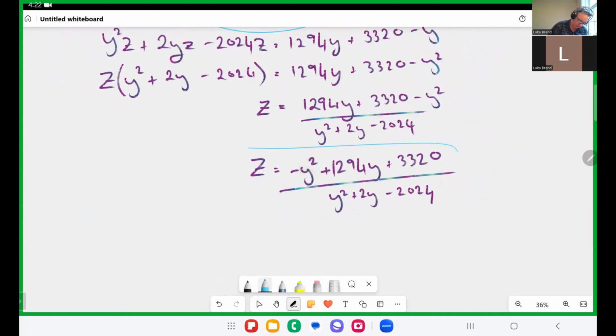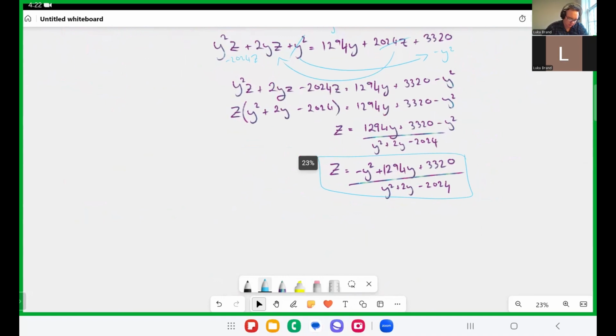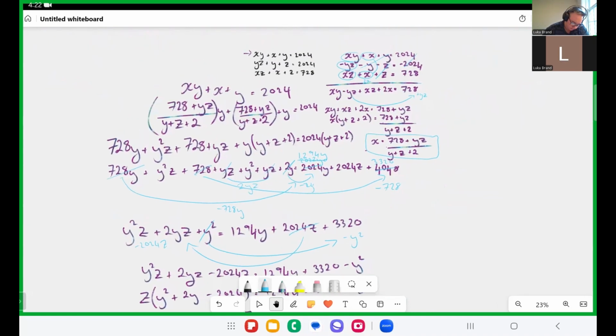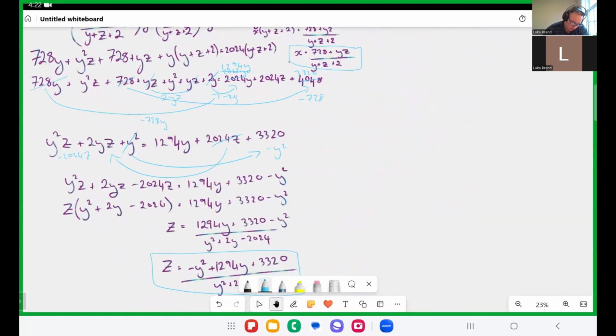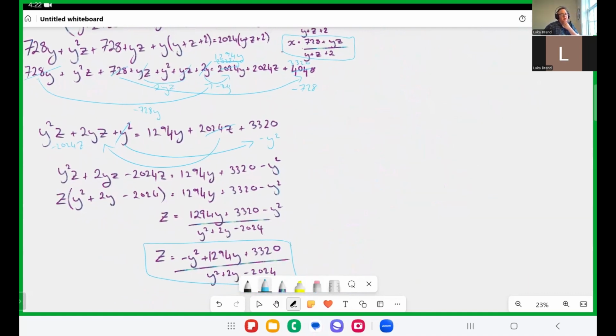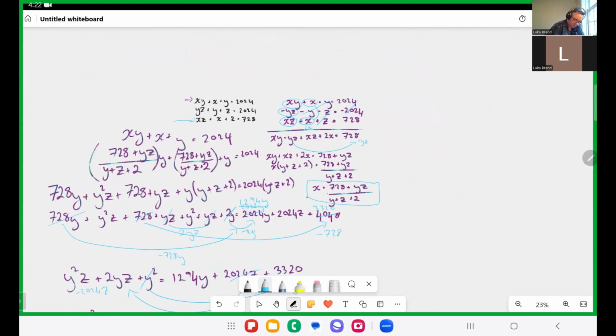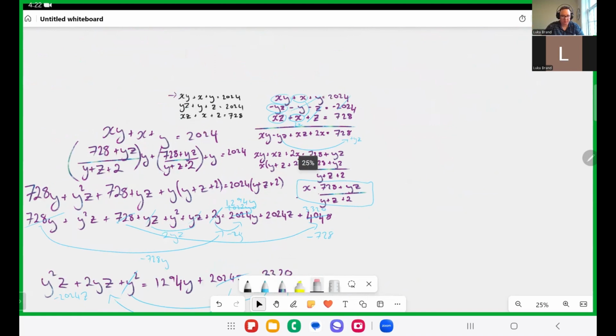I now have an equation for x in terms of y and z, and an equation for z in terms of y. Now, what I did do on my own is rearrange this equation to get z in terms of y.